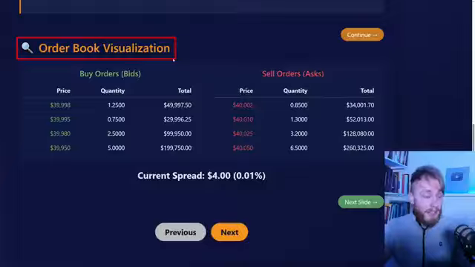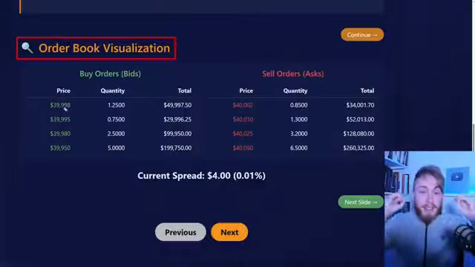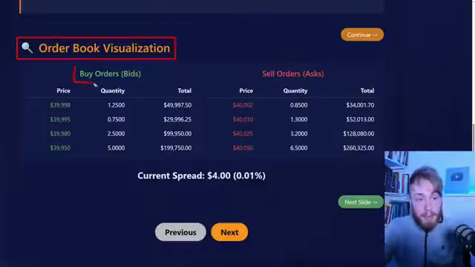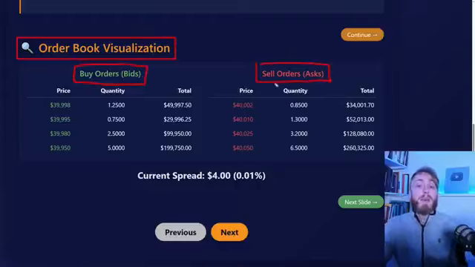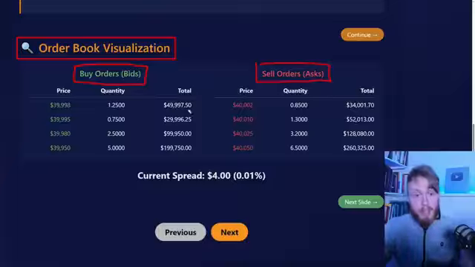If this sounds a little bit complicated right now, I think this visualization will help clear things up. This right here is a static example of an order book. We have the buy orders, or in other words, the bids to the left, and we have the sell orders, or in other words, the asks to the right. In the order book, you can see the price, the quantity, and then the total amount.